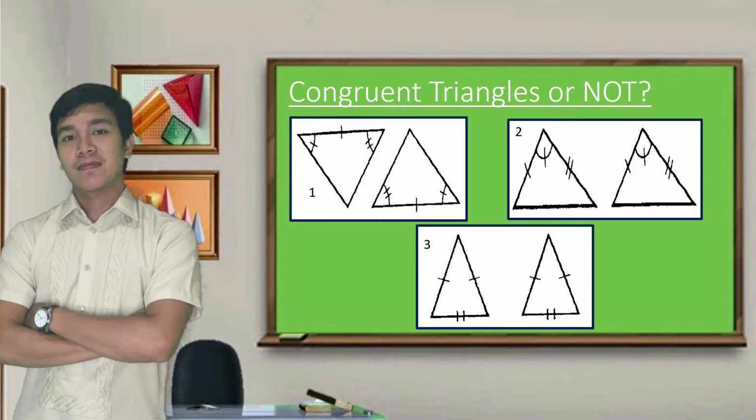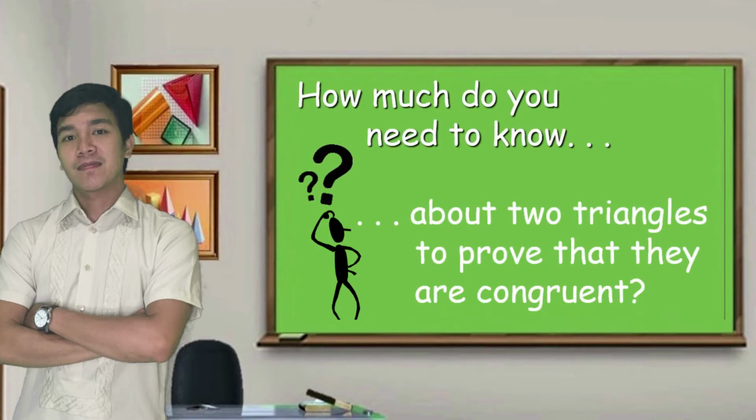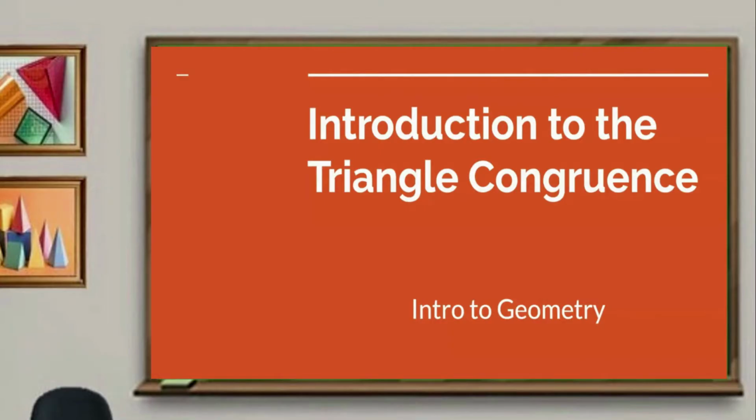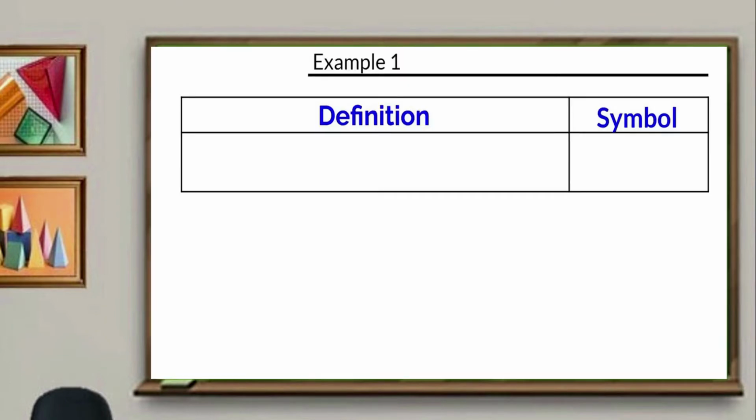Okay, so later, we will find out if your answers are correct. How much do you need to know about two triangles to prove that they are congruent? Let's have the introduction to triangle congruence.